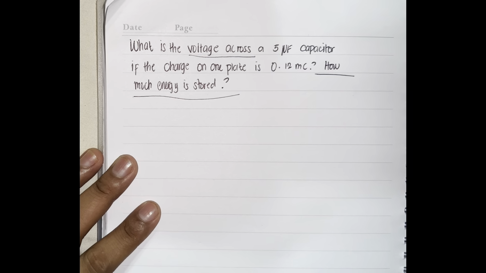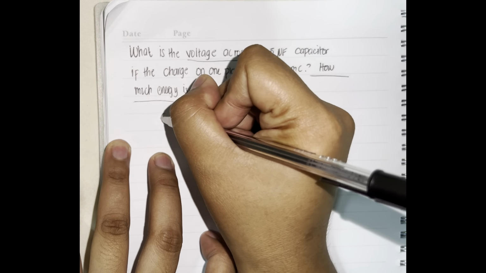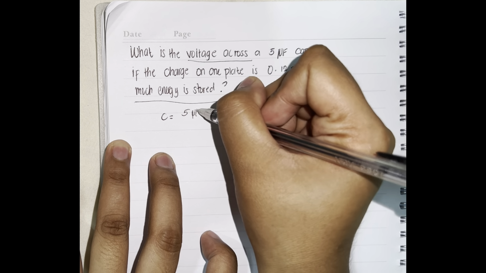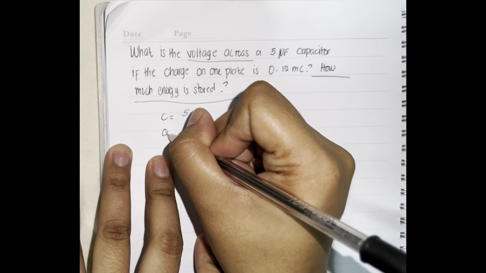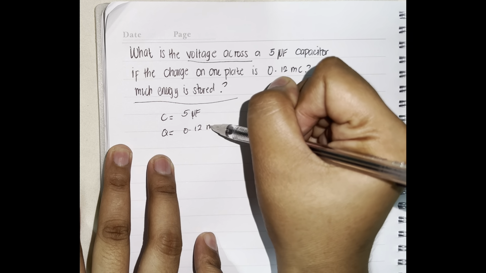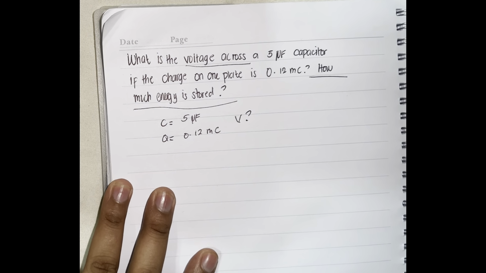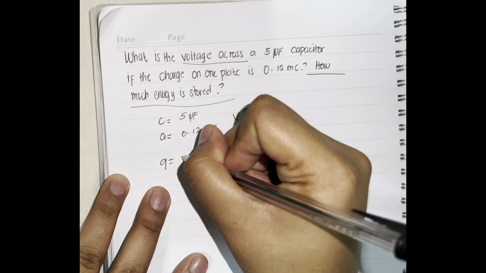So, given is our capacitor, 5 microfarad, and our charge Q is 0.12, and we will also find the voltage. So, the formula we will use is Q is equal to CV.